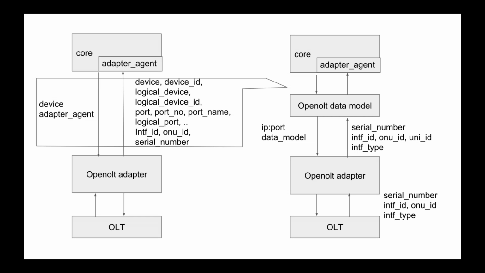And the other thing that I wanted to mention, which I have not implemented, is that caching would become possible in the OpenOLT data model. A common operation in the adapter is mapping the interface ID, ONU ID to the serial number or vice versa.